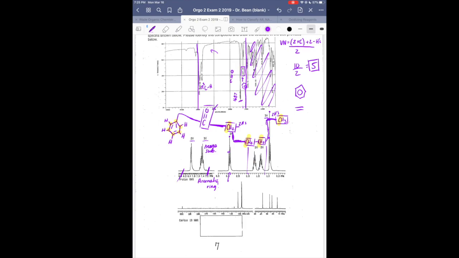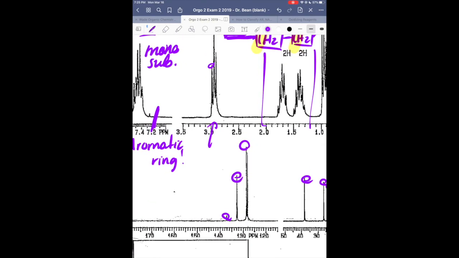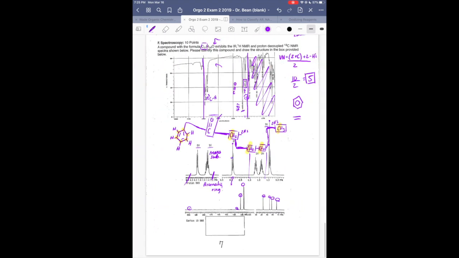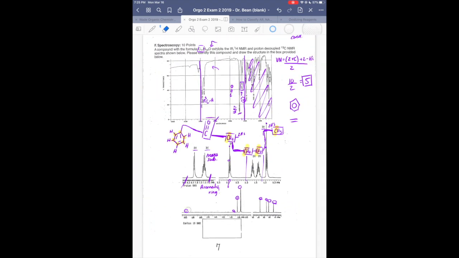But in terms of determining symmetry or determining how many different environment carbons you have, you could use that and count it. But in terms of this, it's kind of hard to see if this is 2 or just 1.